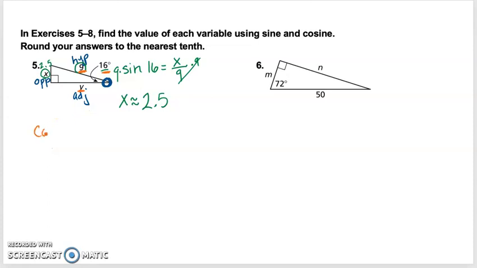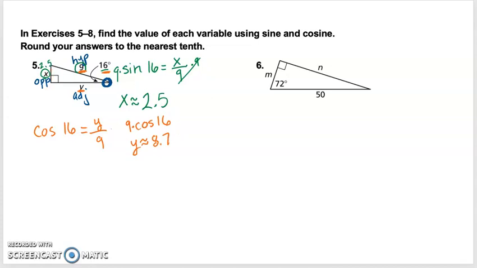So the cosine of 16 is equal to y over 9, and then we would multiply by 9 on both sides, and we'd get 9 times cosine of 16, which you can do in your calculator. It ends up giving you like 8.651, so we would round that up to about 8.7. So y is approximately 8.7 there.